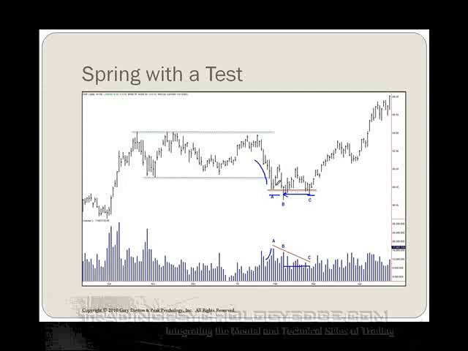Also, notice that both of these bars are closing on their lows. We're not seeing much of a spring action where it dips underneath and closes back up. We also don't close until 2 bars later back up, and we don't really close until 3 bars later. I wouldn't consider this a spring. It just doesn't have the right look to it for all of those reasons, supply coming in and stuff.